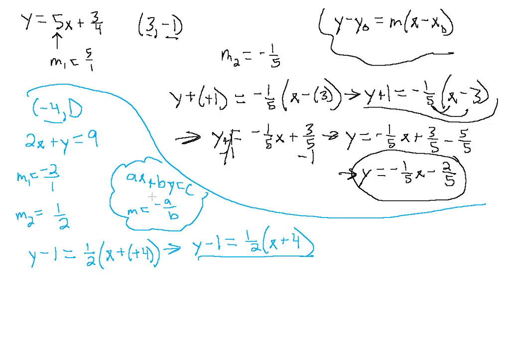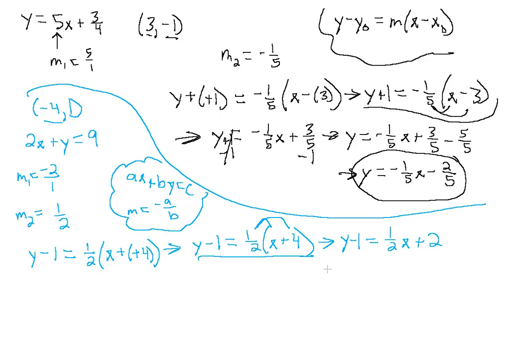All right, now since our first equation was given in standard form, it's generally a good idea to have our answer, or our second equation, in standard form also. So let's go ahead and distribute this out. So we have y minus 1. We're going to distribute this 1/2 into the parentheses, equals 1/2 x. 4 times 1 is 4. 4 over 2 is the same thing as 2.